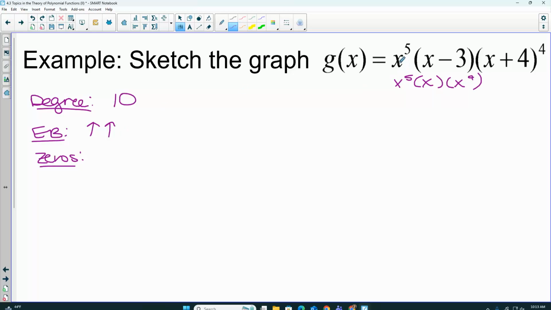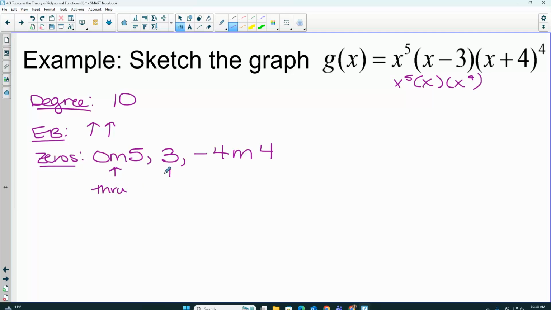Zeros. If you have a plain x, what makes that equal 0? 0, but it was to the 5th power, so the multiplicity is 5. Okay, x minus 3, that would just be 3. There was no exponent. X plus 4, that would be... Okay, so is 0 going to go through or bounce?